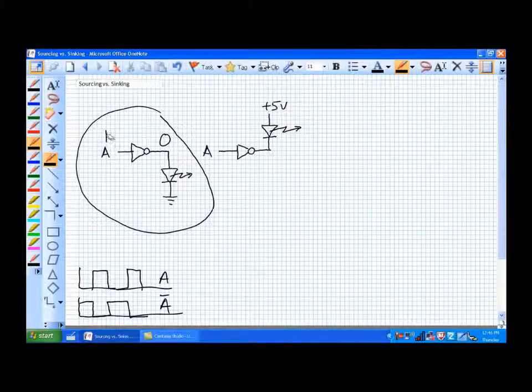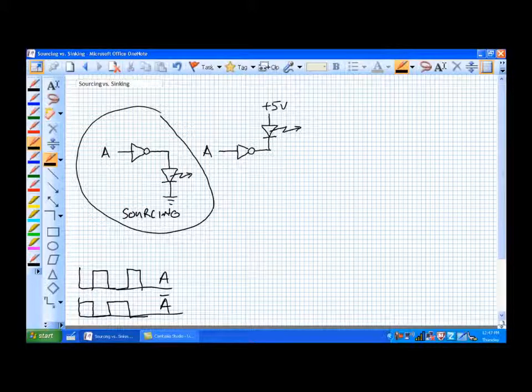So in this first arrangement, it looks like a 0 is going to cause the LED to light up. But what this is called, our next slang term, is a sourcing arrangement, because A is providing the energy for the LED to light up.